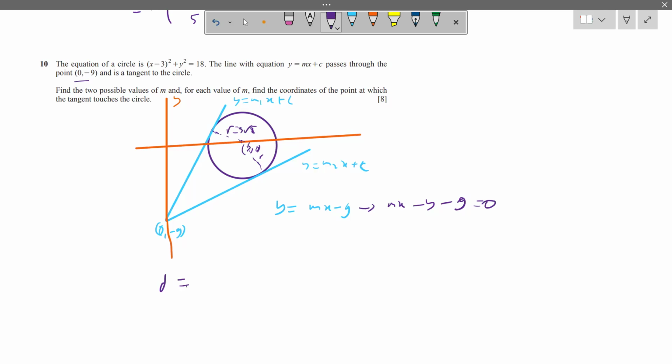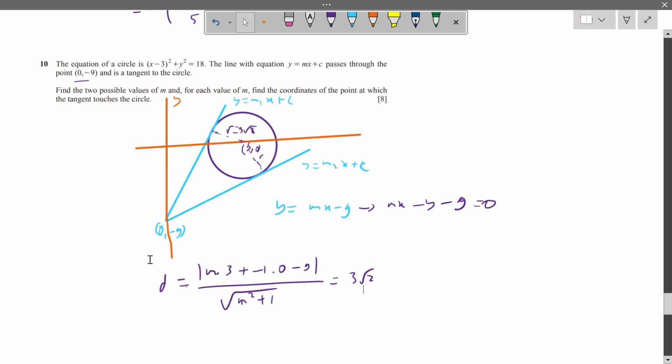So the distance between the point and the line here is the absolute value of m times 3 plus minus 1 times 0 minus 9, all over square root of m squared plus 1, and this should be equal to 3 square root of 2. Okay, just in case it's a bit unclear, I'm just going to write the reasoning a bit here.